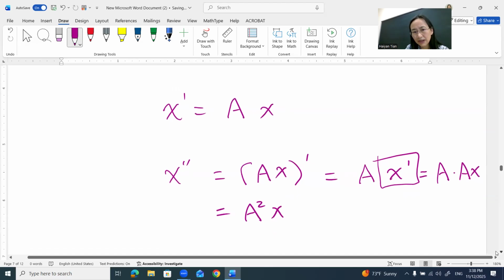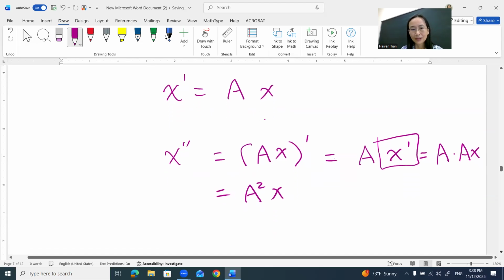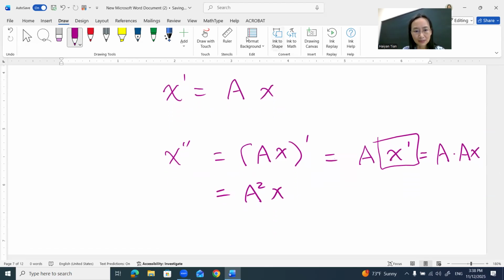So higher order derivatives of x can be easily found when A is a constant coefficient matrix. Let's do one more. Third order derivative is just a continued differentiation of the second order derivative. Second order derivative equals this, right? Then the third order derivative will be just the derivative of A squared x.